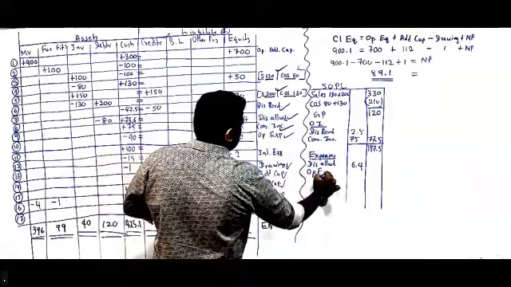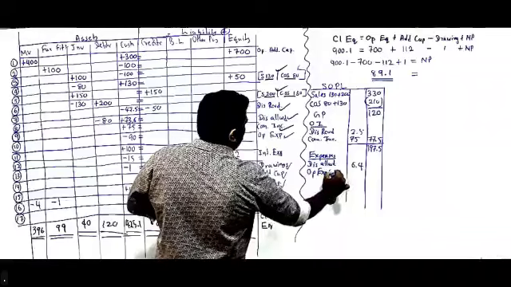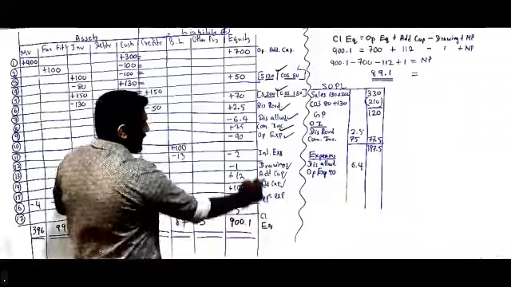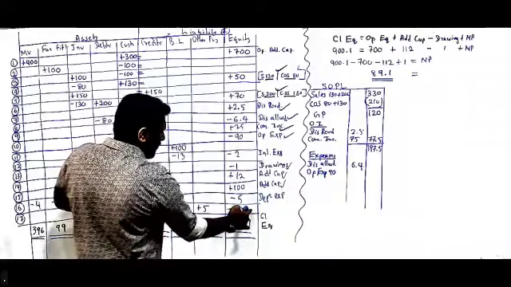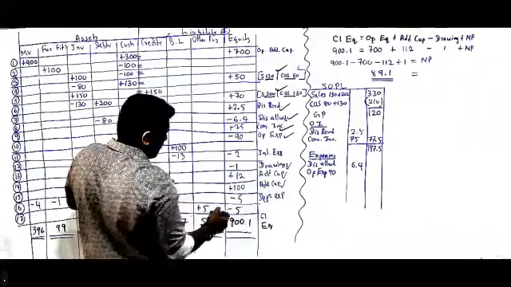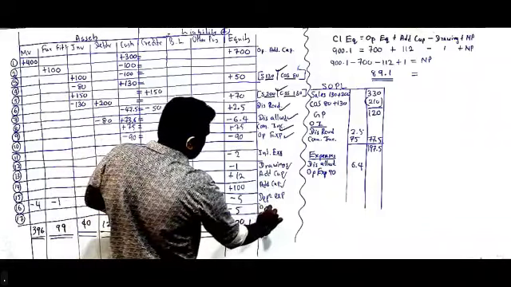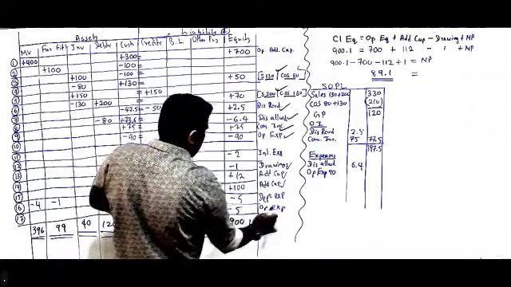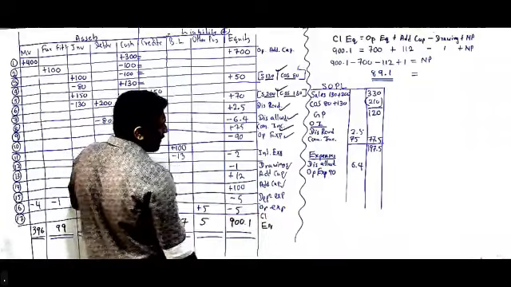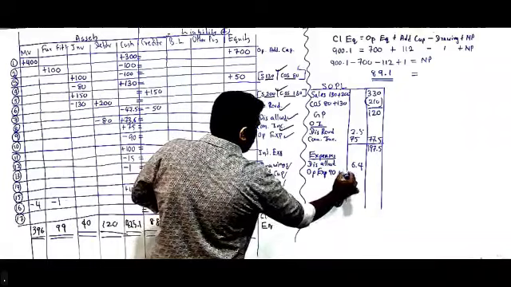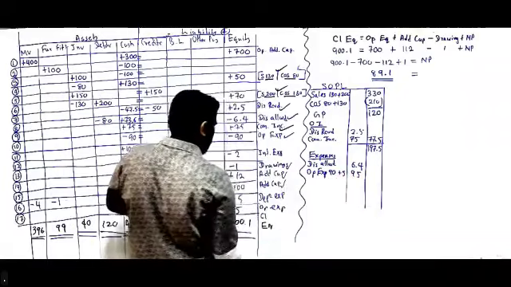Look at this, people, I am writing like this. Here 90, here 5. This one also is operating expense. Here 90, here 5, altogether 95.